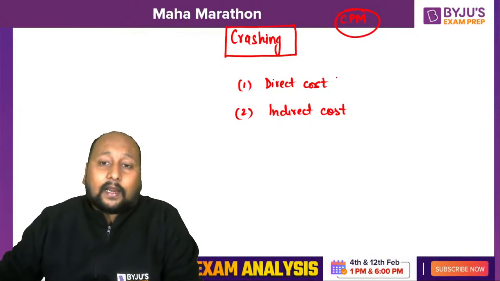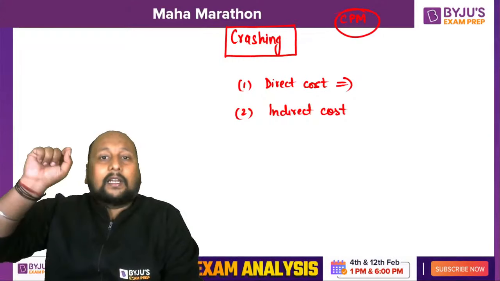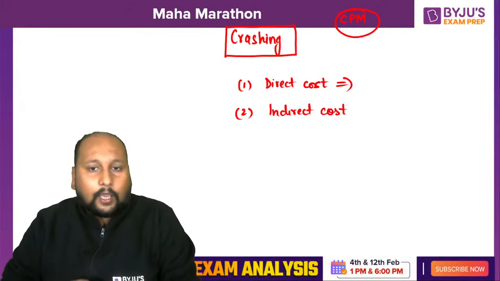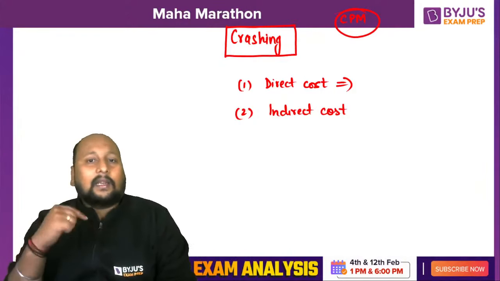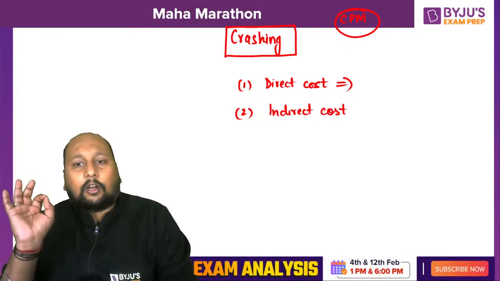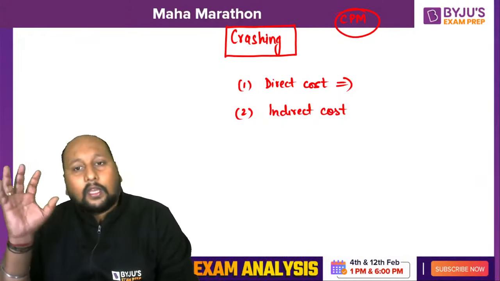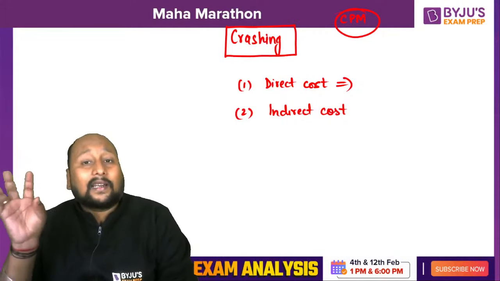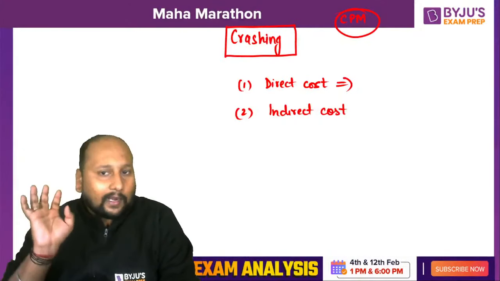That means the direct cost is basically those costs which directly influence the activity completion time. Indirect cost is basically those costs which do not directly influence it, but are still an important factor for completing an activity. The best example is manpower and raw materials, all these costs which directly impact the completion of an activity, which we call direct cost.